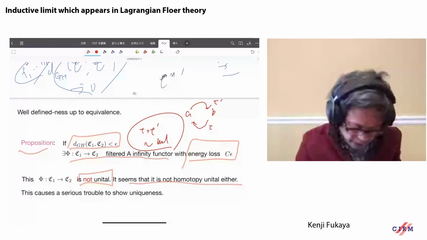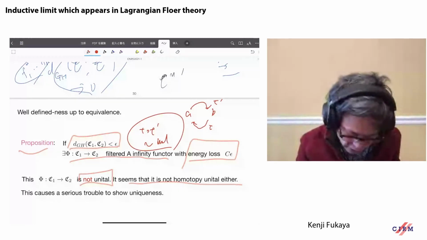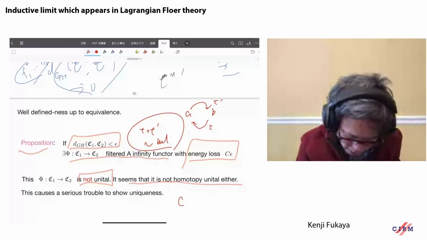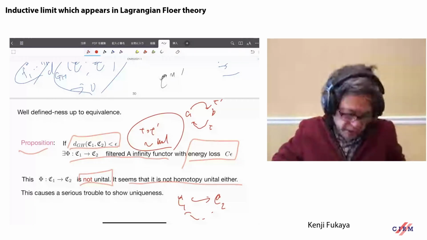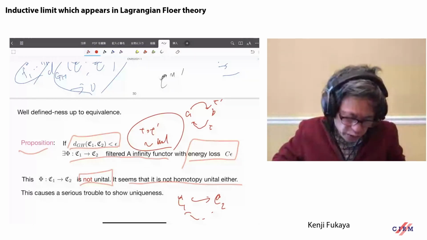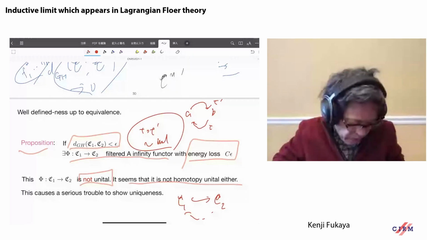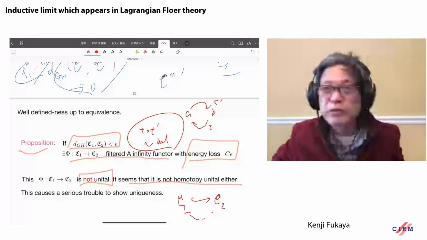But the problem is that you have this, which is homotopy equivalent to C2, and I want to construct this inverse. Making the construction consistent with the unit is actually difficult. That is the reason it is difficult to prove this weak equivalence.